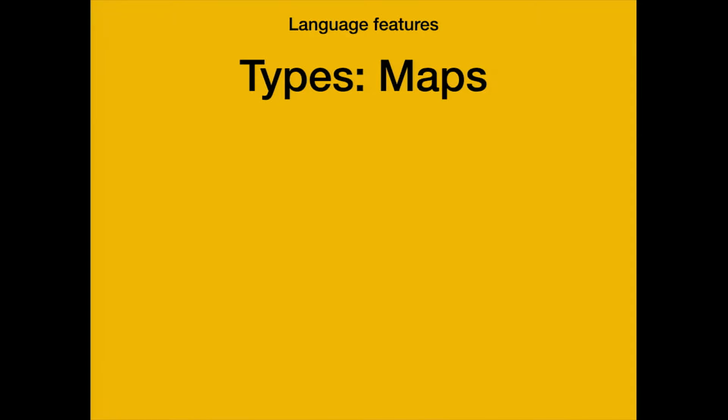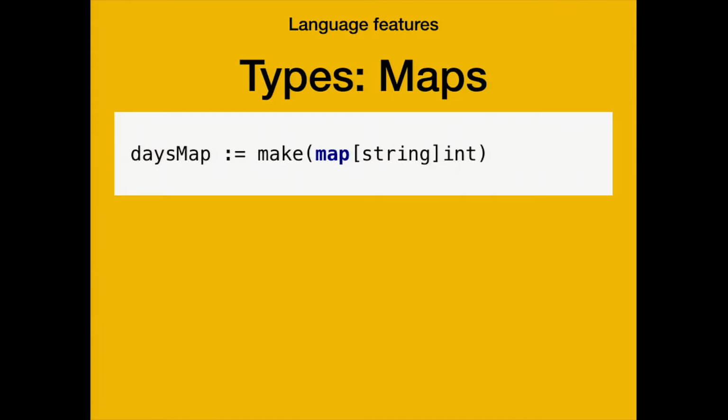A map is basically mapping a key to a value. That's it. But since Golang is a statically typed language, as soon as you define the map, you define the type of the key. So in my example later, string, and then the value is also a static type, so that's an integer. And you define it like this. This is the syntax. You have map and then the brackets, which indicate a key, and then you have an integer.